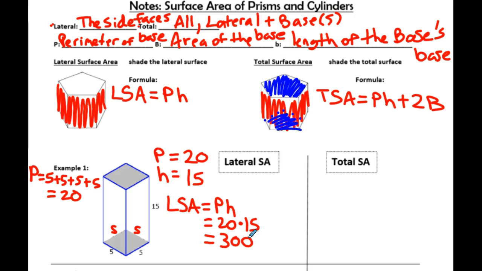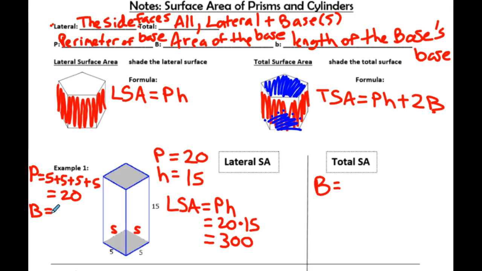Let's go over here to total surface area. My total surface area has a big B that I need to find first. Remind me, what does big B stand for? Not just base, but area of the base. So let's do that over here. What shape is on the bottom? Square or rectangle. How do I find the area of that?